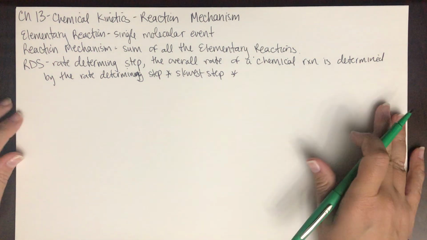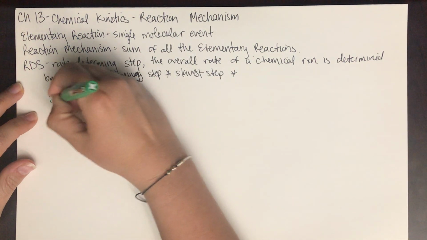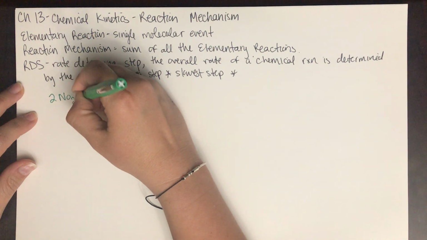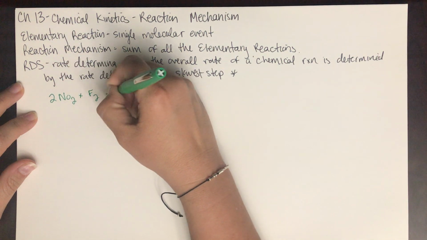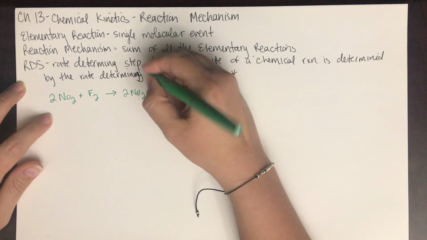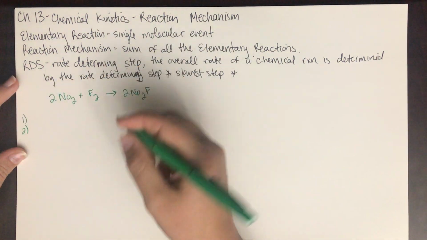Here we have an example of the overall reaction where we have 2 moles of nitrogen dioxide plus fluorine produces 2 moles of nitrosyl fluoride. And it has 2 elementary steps.